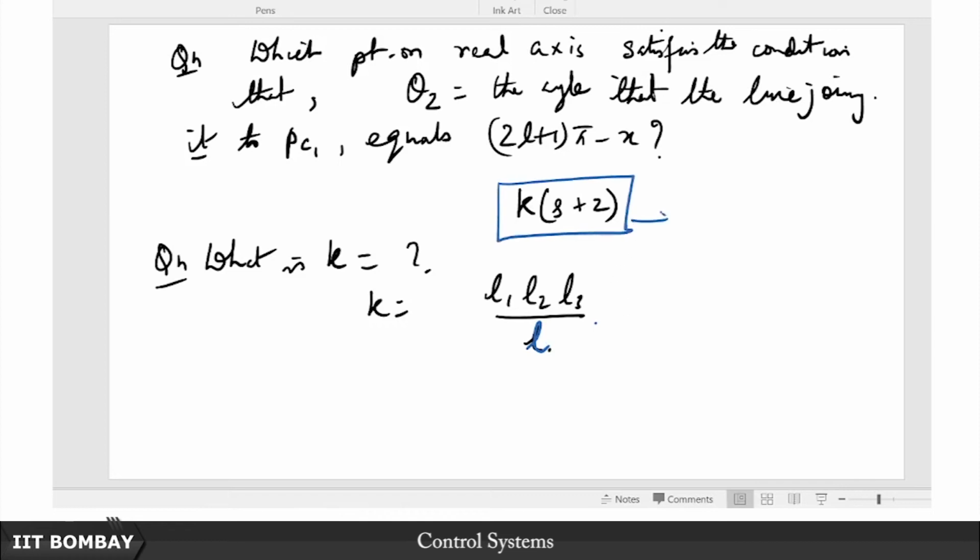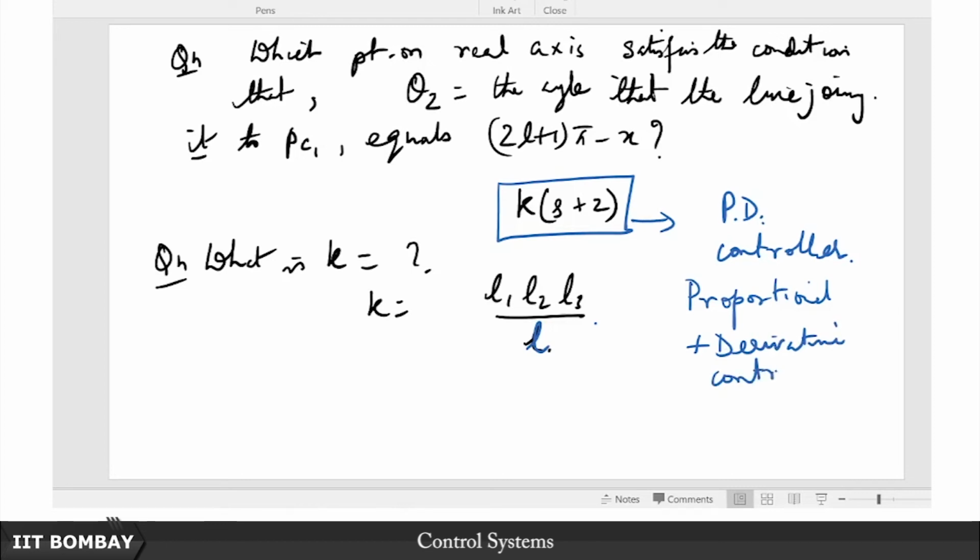So this is called a PD controller, in short PD, but the actual name is proportional plus derivative controller. Why proportional? Of course, because of the term k here.